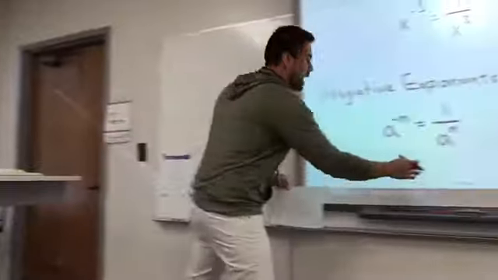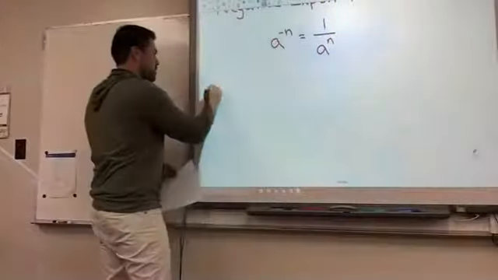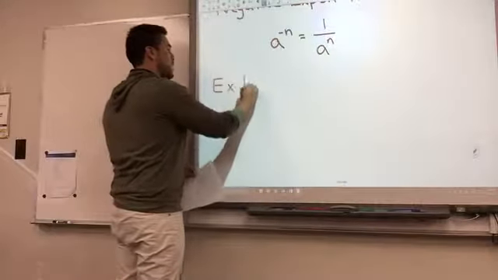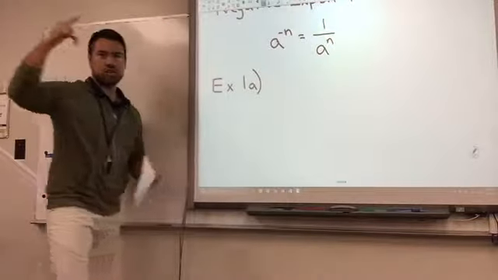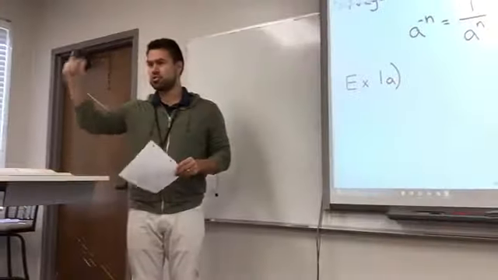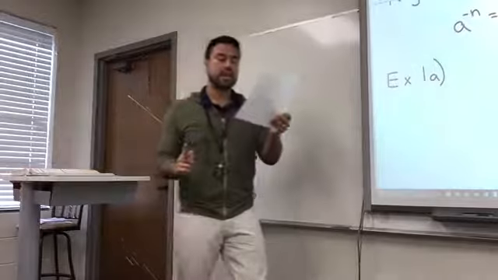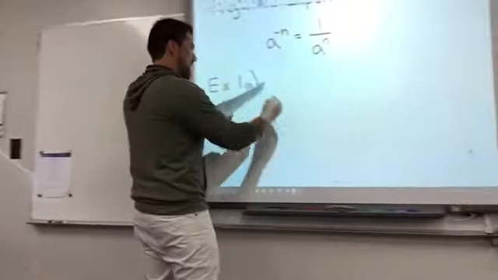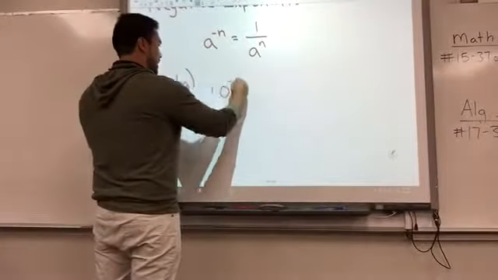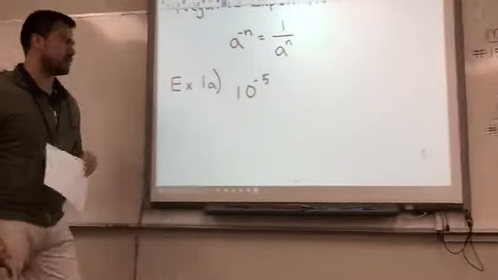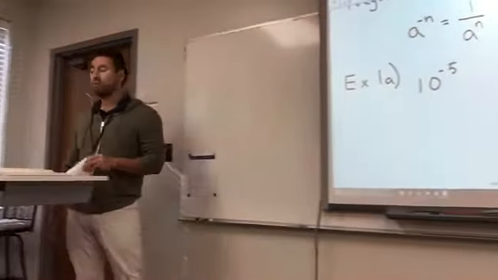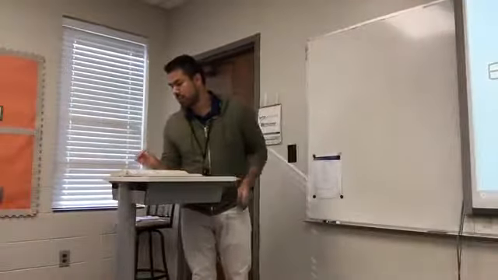Let's look at example 1a, and let's see how we work these problems out. I'm just getting you trained with understanding how to rewrite it. Just get used to rewriting it, and then understanding it, I will try to do my best, because that is hard. 10 to the negative fifth, that's a. I want to rewrite it according to example 1.